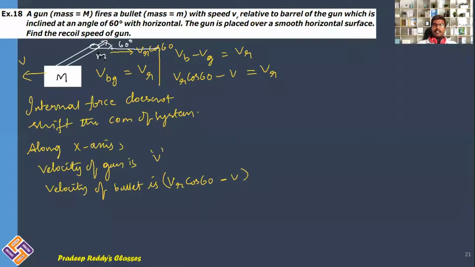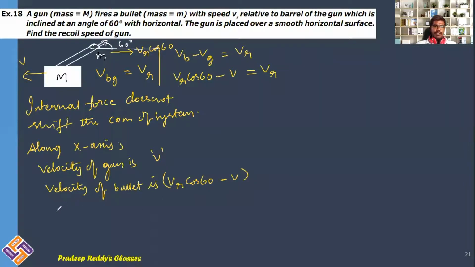What is given to us is not directly the bullet velocity. The bullet is moving with a speed Vr relative to the barrel. So relative to the barrel, in the sense the velocity of the bullet with respect to the barrel is equal to Vr, that is given. Okay. So along the x-axis.